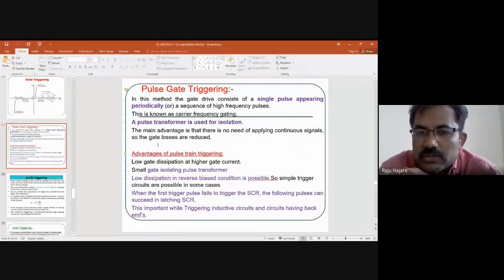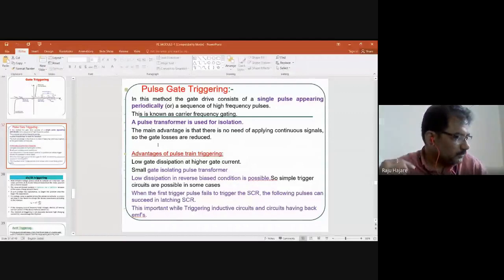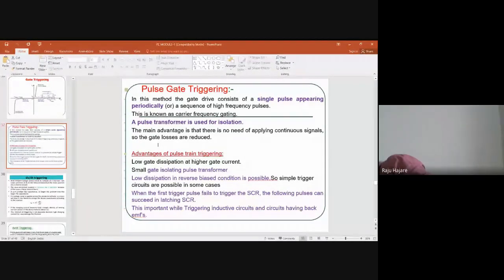You might build a simple oscillator circuit which generates square pulses continuously, and those pulses are interfaced with the gate of the SCR.